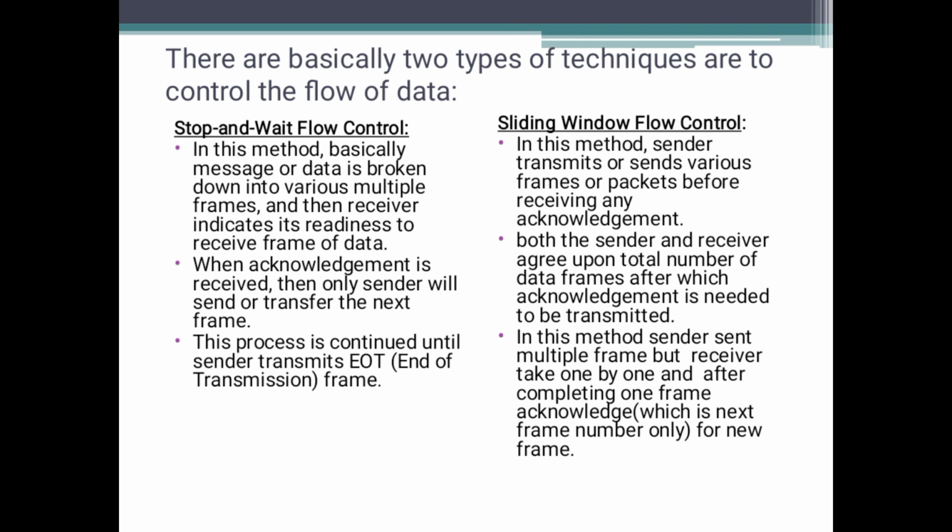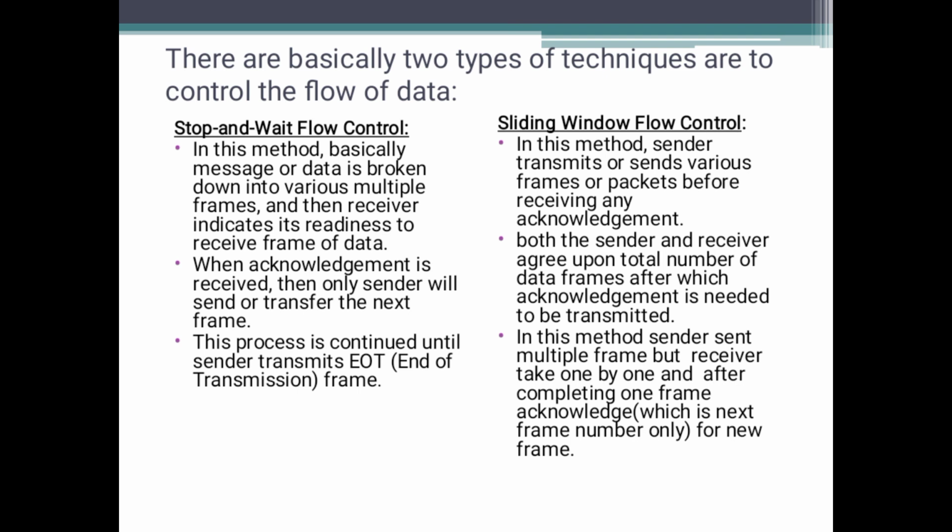In this method, the message or data is broken into small frames, and the receiver indicates its readiness to receive a frame of data. When the acknowledgement is received, only then will the sender transfer the next frame. This process continues until the end of transmission.